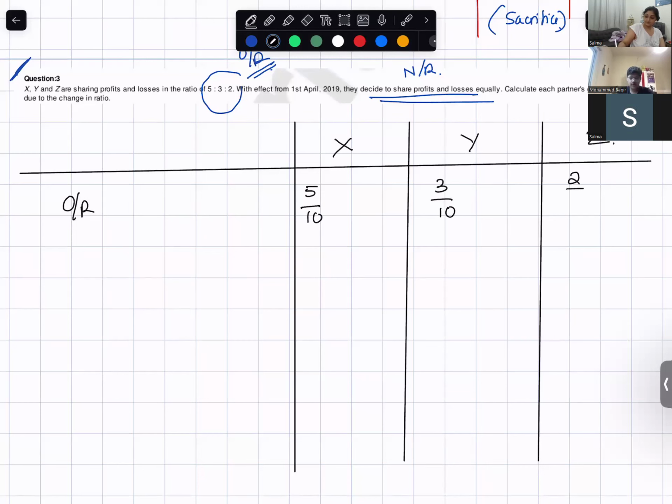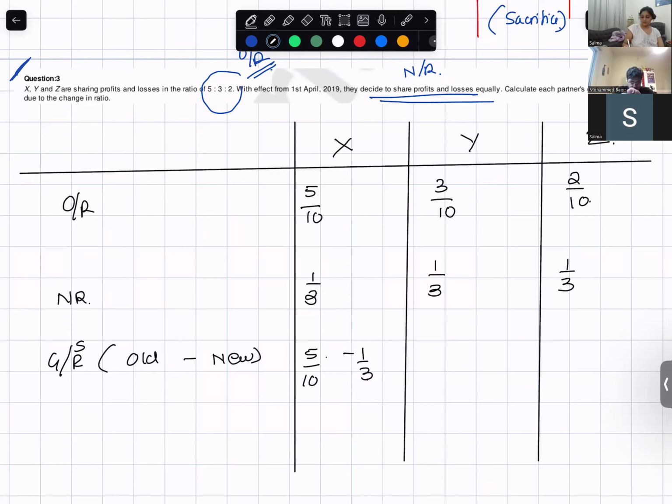3/10 and 2/10. New ratio is 1/3 for all. Gaining or sacrifice? Sacrifice. Old minus new. For the first one, 5 by 10 minus 1 by 3. You can also cross multiply. So it is 15, minus 10 by 15.